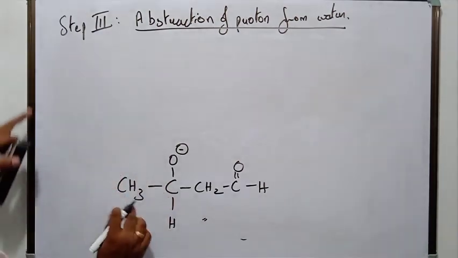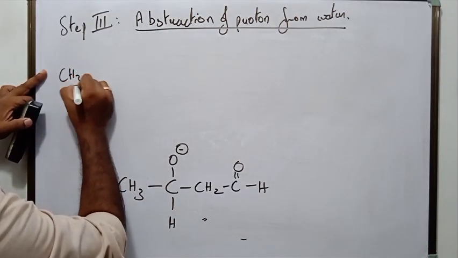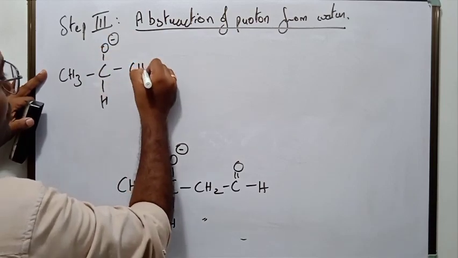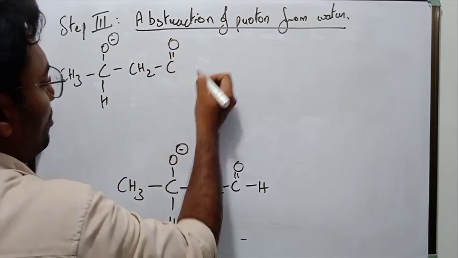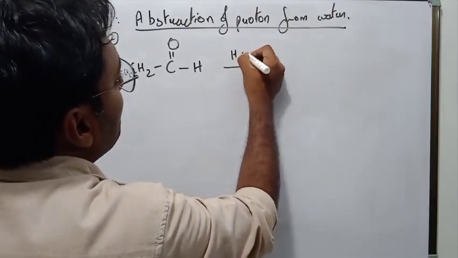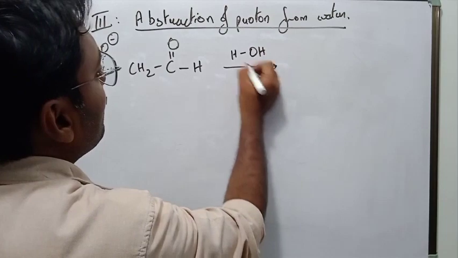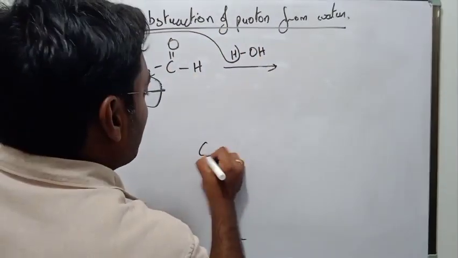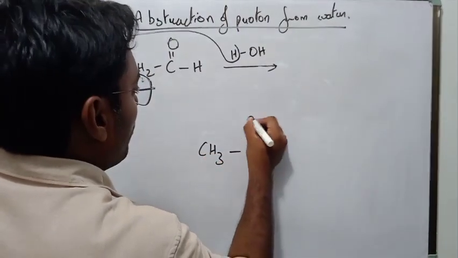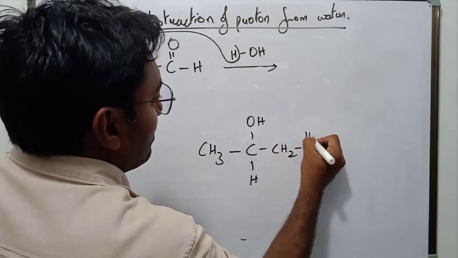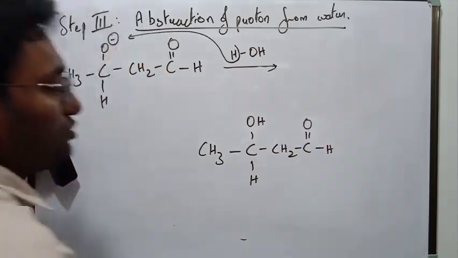So now we will write this here, CH3 CH O minus H, CH2 C double bond O H. Now the water molecule that was eliminated in the first step is still here. This H would simply go and attach here. And what do you get? CH3 CHOH CH2 CHO, there you go. So you got the aldol, right?